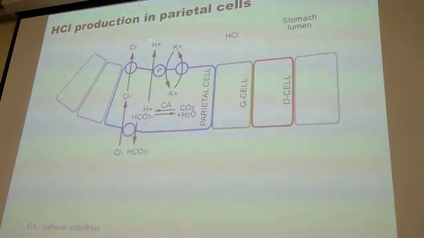And that proton can then be pumped out through an ATP-dependent primary active transport step in exchange for potassium. And then our bicarbonate actually exchanges for chloride in the blood. Chloride comes into the cell and then goes out of the cell by facilitated diffusion, giving rise to our acidified stomach. Right? So there are a few different transporters to remember, and then one enzyme, carbonic anhydrase, to remember with this.